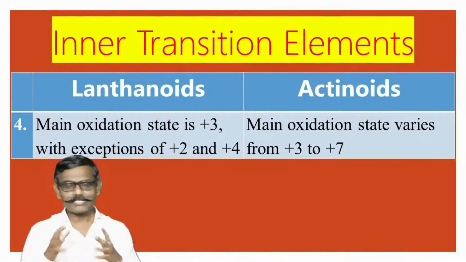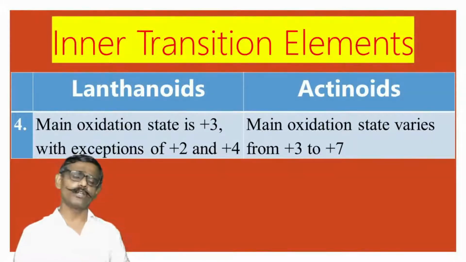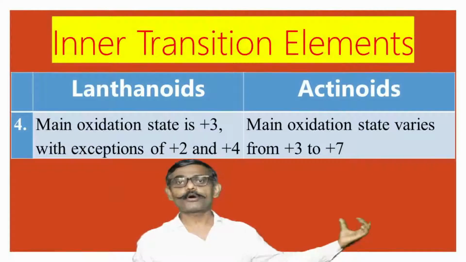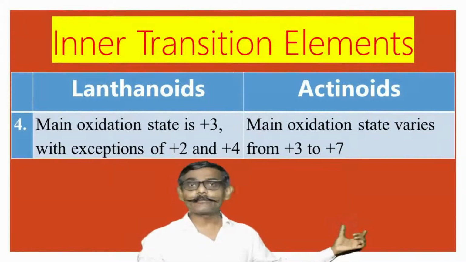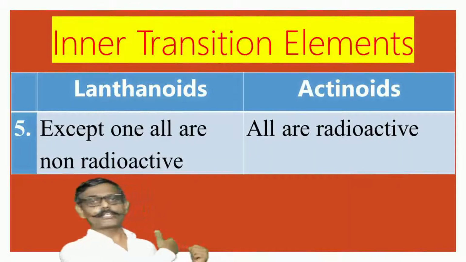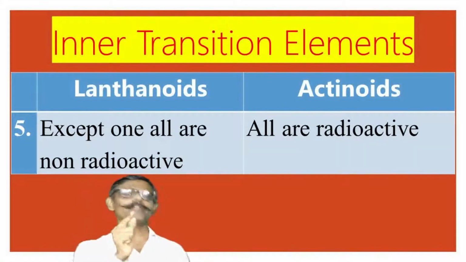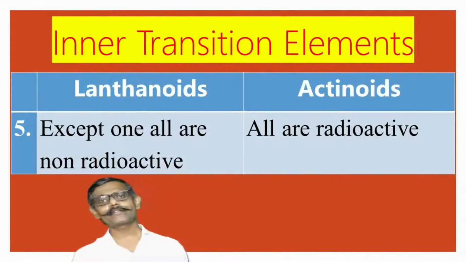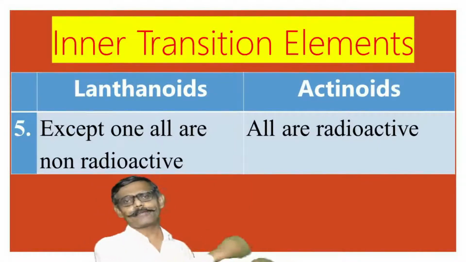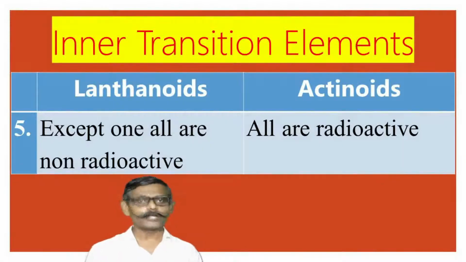There is no main principal oxidation state; a wide range from +3 to +7 is exhibited by actinoids. Point number 5: in lanthanoids, only one element, promethium, is radioactive, but in actinoids, every element is radioactive.